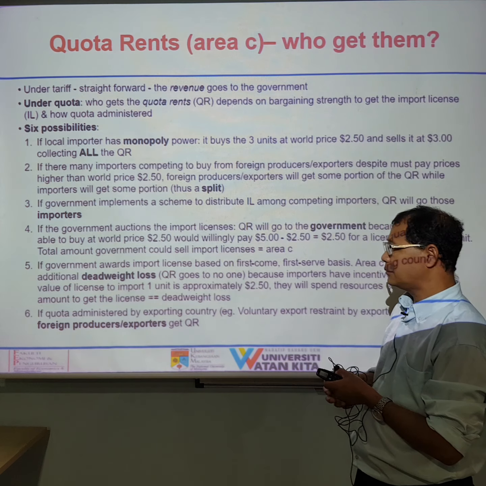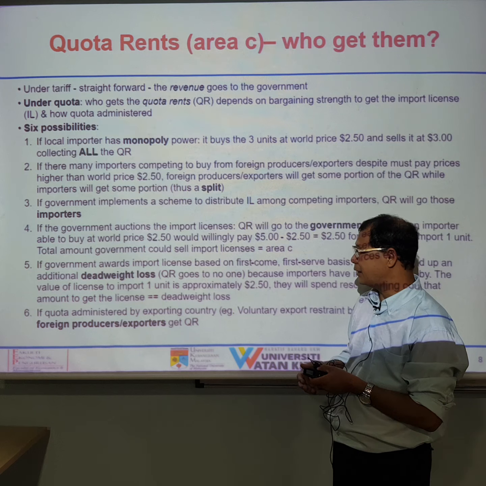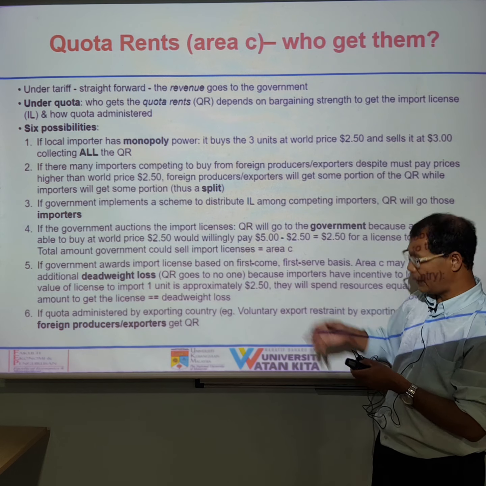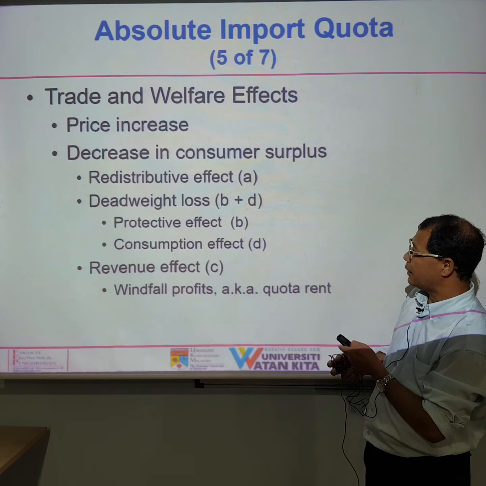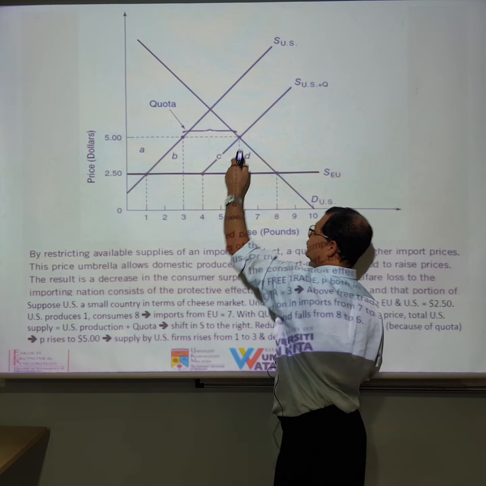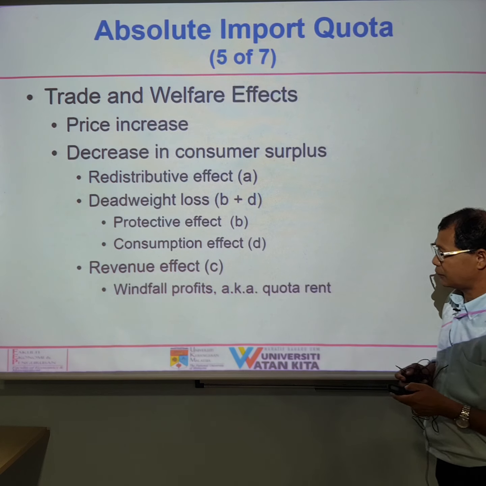So the total amount the government could sell import licenses for will be the area of C.